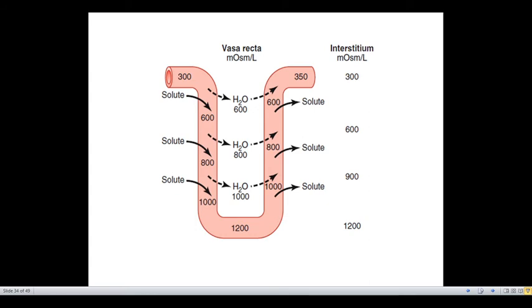Now, it is important to realize that large amounts of solutes would be lost from the renal medulla without the U shape of the vasa recta capillaries. So that is a special feature of the vasa recta capillaries, as we have studied in the anatomy of the renal tubular system.